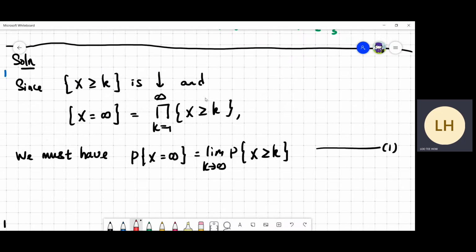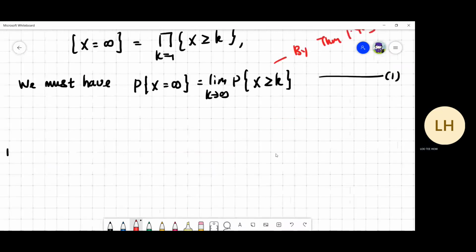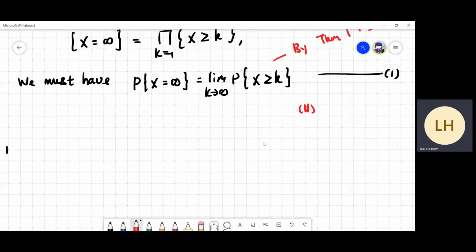So how do we get this? This is by theorem 1.4.3, as we have mentioned just now. So again, let's recall our Markov inequality once again. The statement will be like that: P of X greater or equal to epsilon is less or equal to E of X over epsilon.